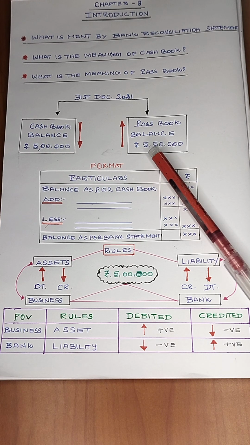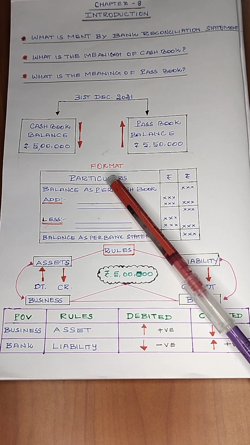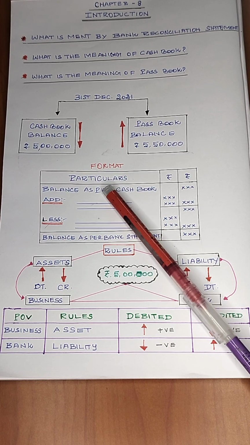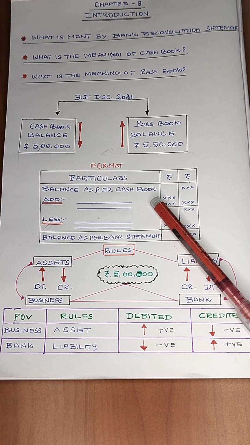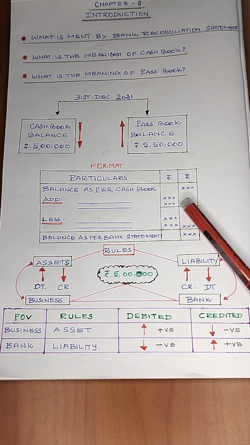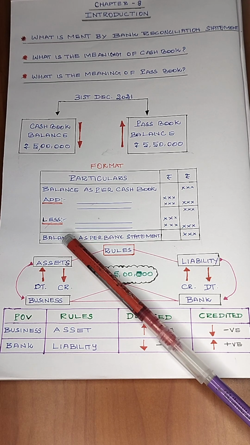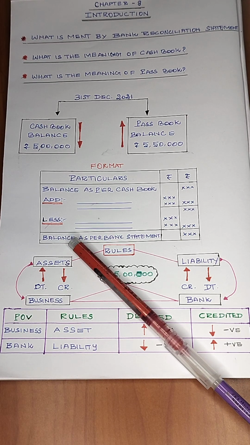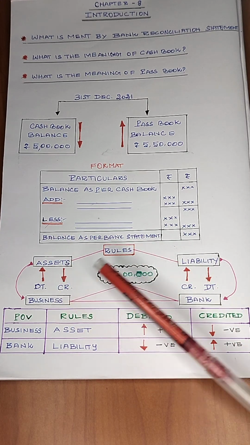It is very simple. The format of the bank reconciliation statement has a particulars column and 2 amount columns, the inner amount column and the outer amount column. It is a very simple format. In it we have to add and subtract for the given transactions. Listen carefully.